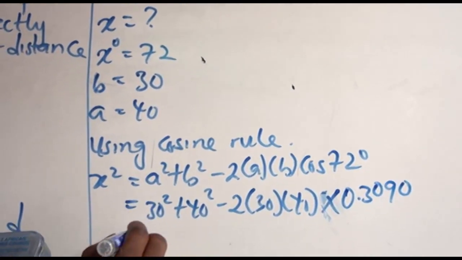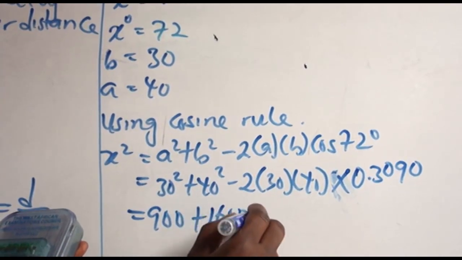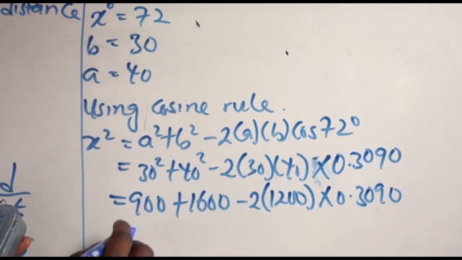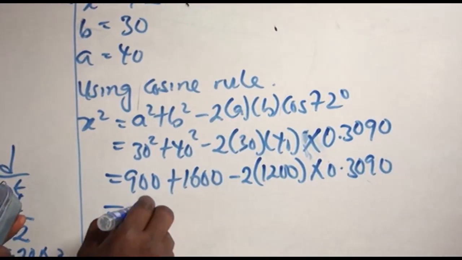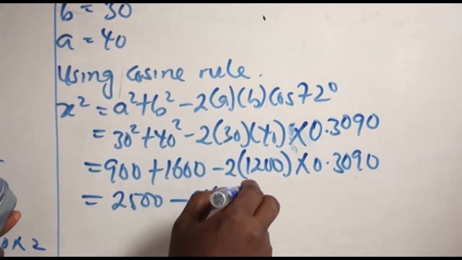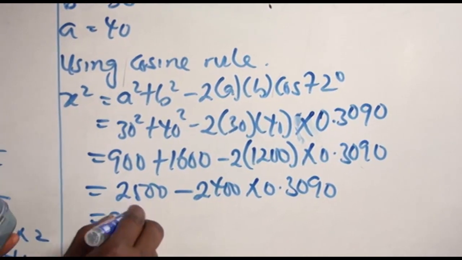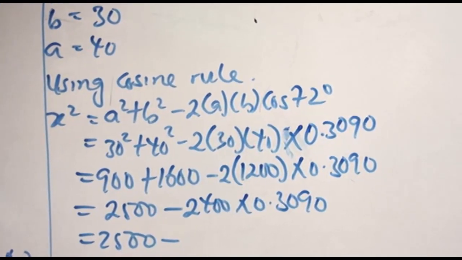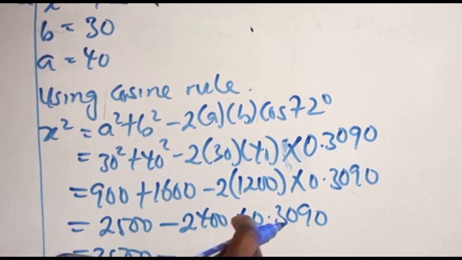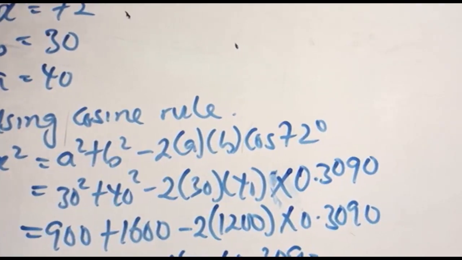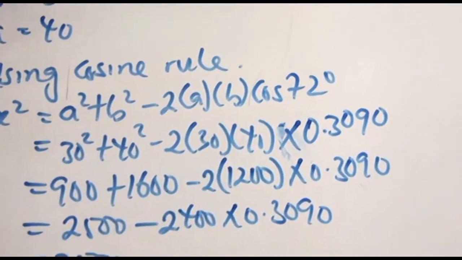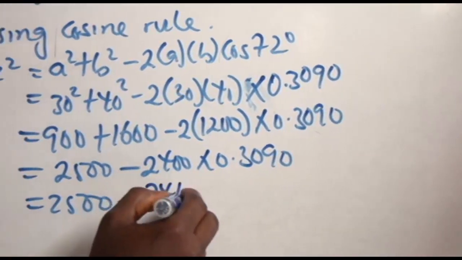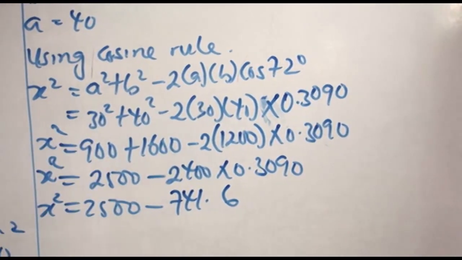0.3090. By this we have 900 plus 1600, which gives 2500, minus 2400 times 0.3090. Multiplying 2400 by 0.3090 gives 741.6.